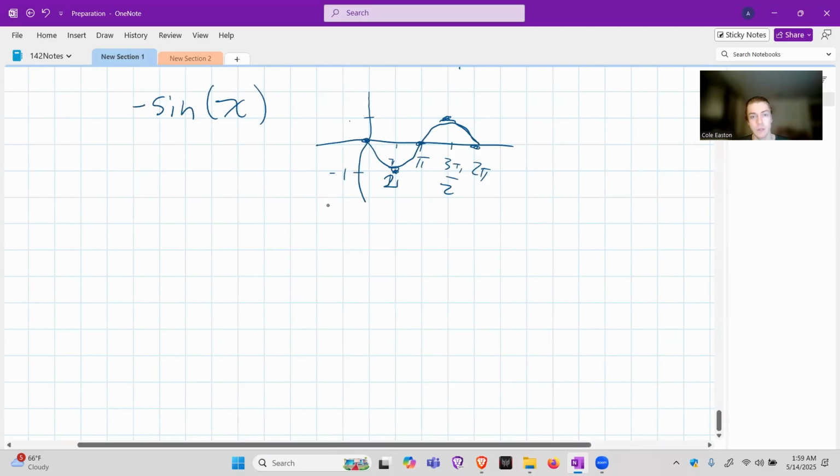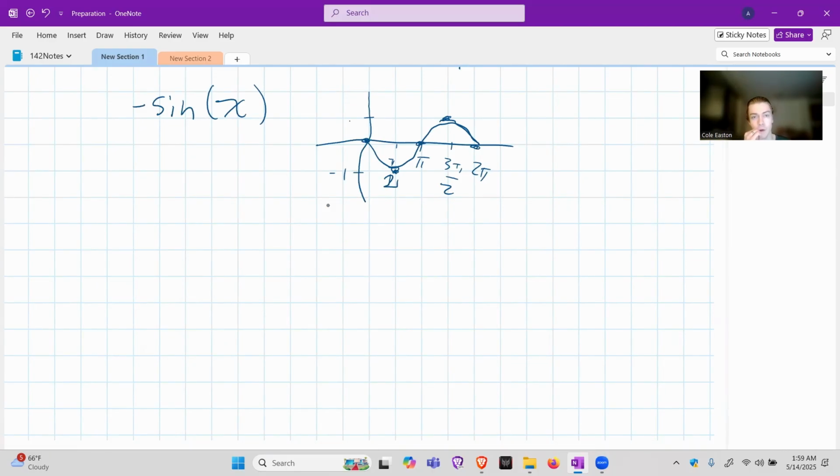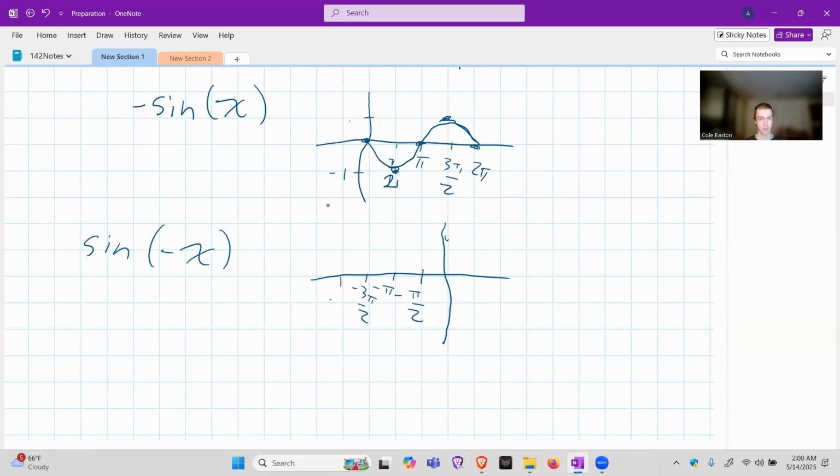Let's see, we need to use a little bit of a different function. Well, no, we don't really need to do this. We can look at this like this. So we can do sine of -x. And I'm just going to graph this in a different range, because I think it gives us a better sense of what's going on. Negative pi, -3 pi over 2, negative 2 pi.